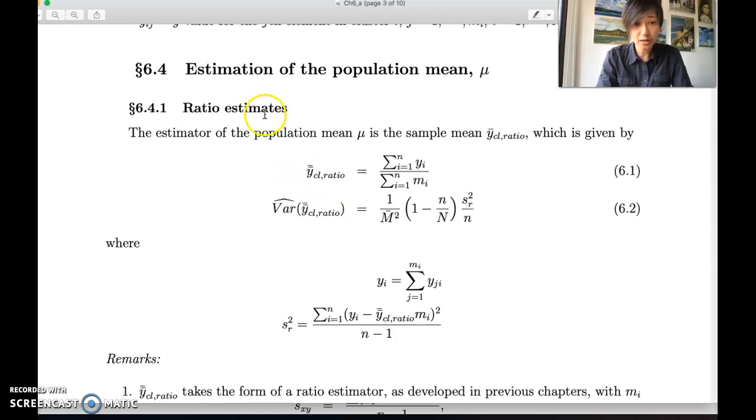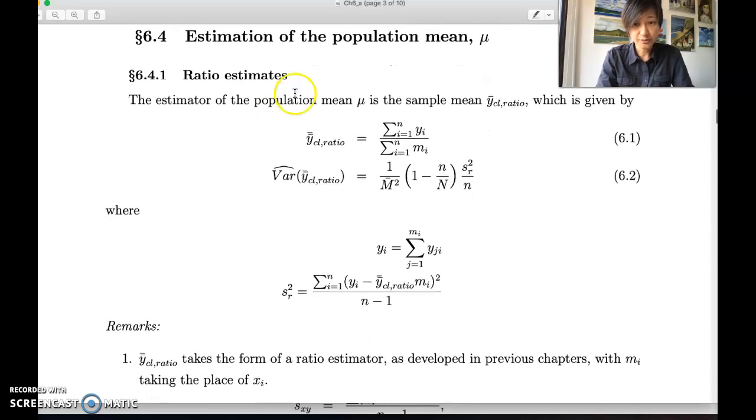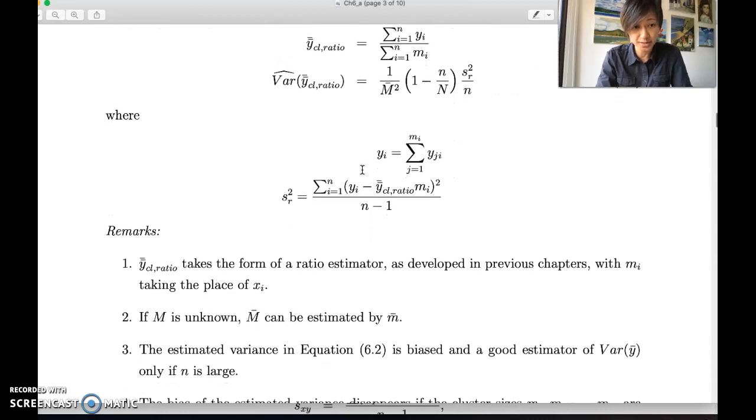So that's why we call the first estimator for the mean the ratio estimation. With this approach, it generally shares the same characteristics as the ratio estimation that we use in simple random sampling.